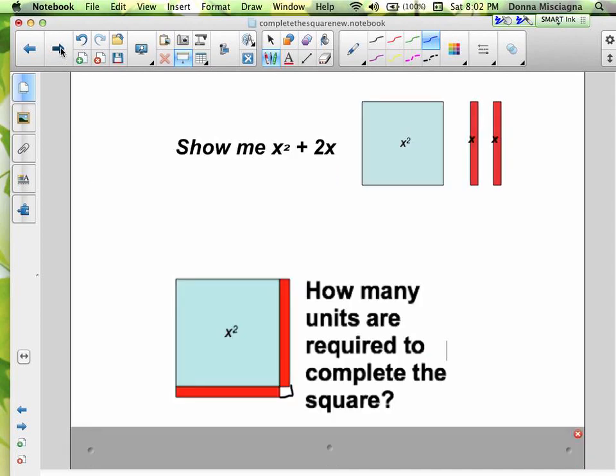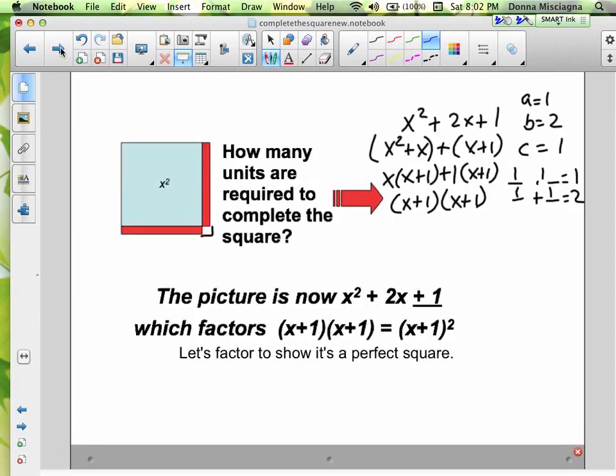And in this case, continuing on here, our b was 2. So b divided by 2 squared is 2 divided by 2 squared, which is 1 squared, which is 1. What we added was a 1.